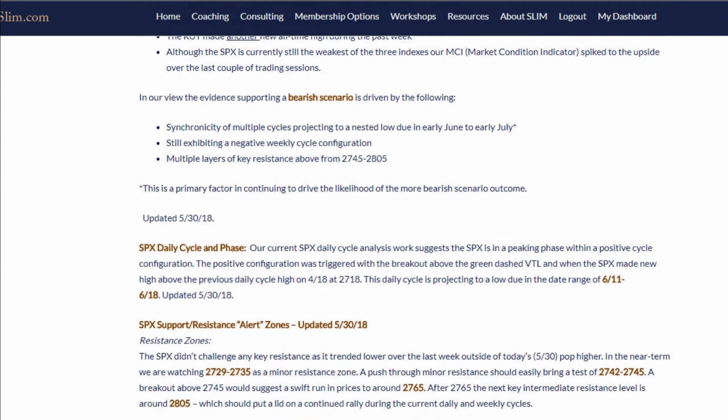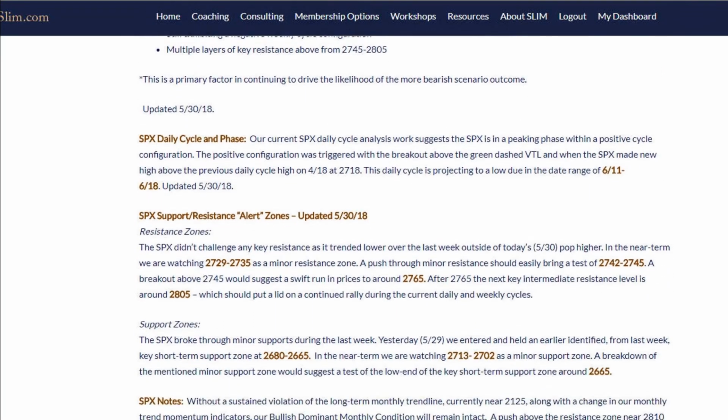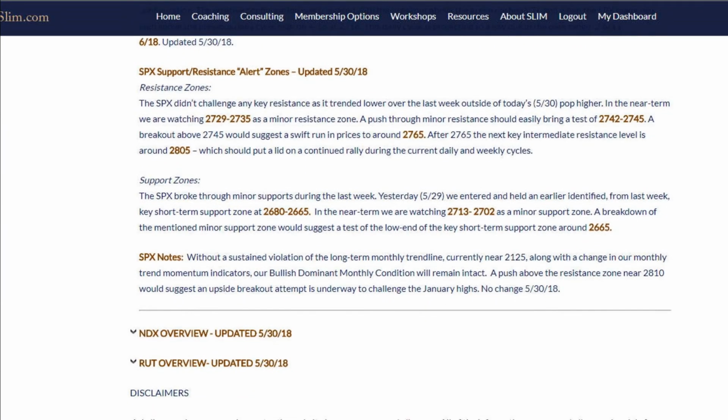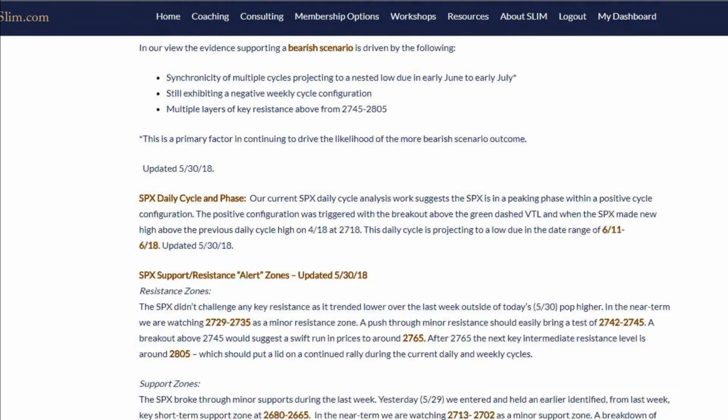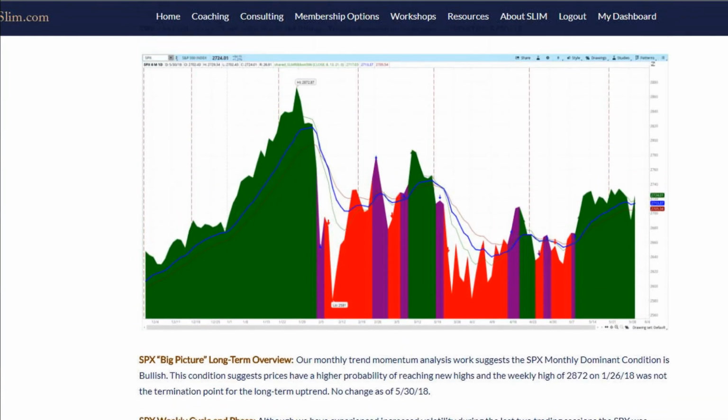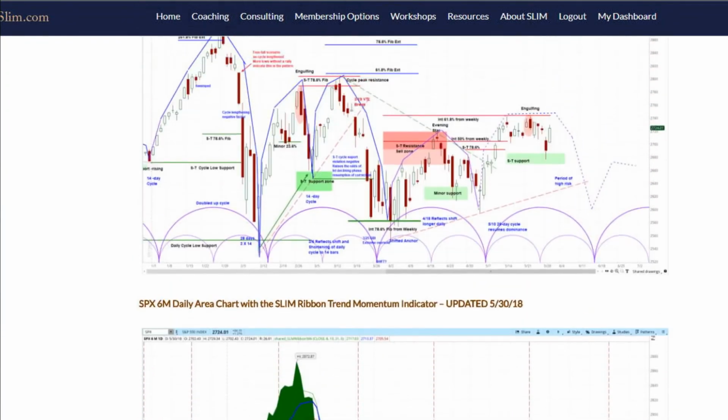You will just think that this is a great amount of information, just really clearly laid out for you. And then you can see the same thing on the NASDAQ, and the same thing on the Russell. This is an amazing amount of information and clarity on the stock market like you will never see anywhere else.